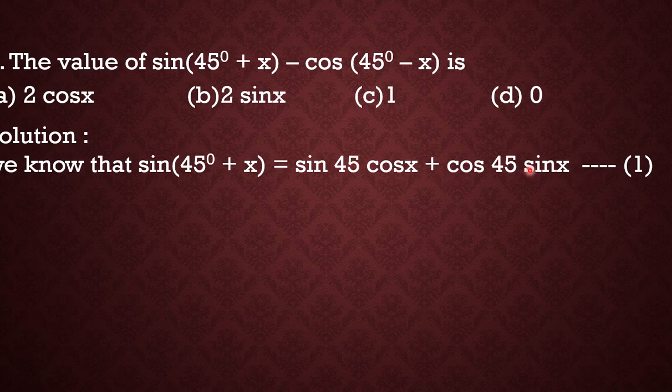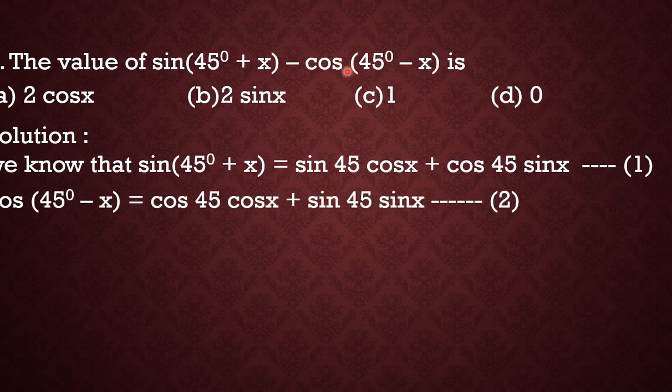So using that, sine of 45 degree plus x is sin 45 into cos x plus cos 45 into sin x. For future reference, I will take this as 1. Then cos of 45 minus x, we use cos of x minus y, cos x cos y plus sin x sin y. So this will be cos 45 into cos x plus sin 45 into sin x. So we want sine of 45 degree plus x minus cos of 45 degree minus x, so equation 1 minus equation 2.